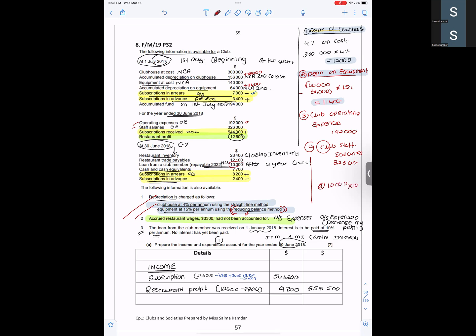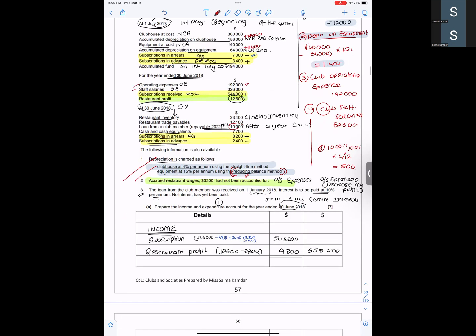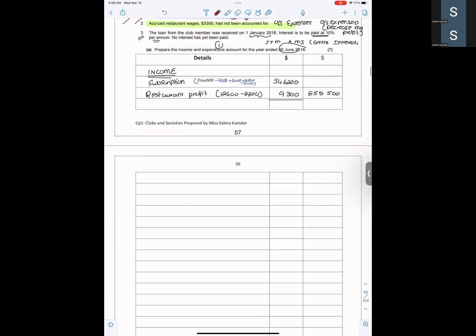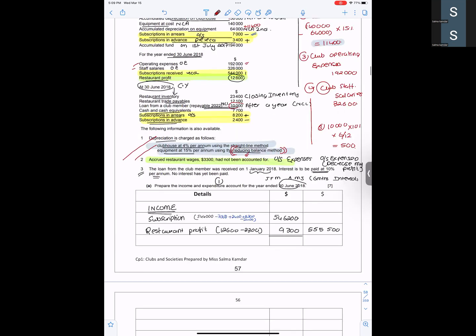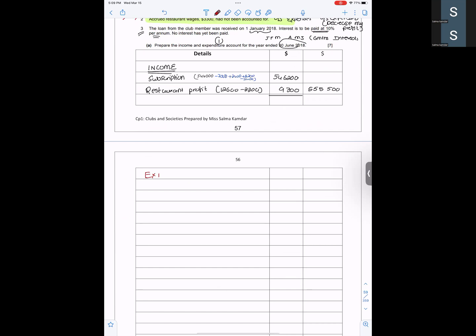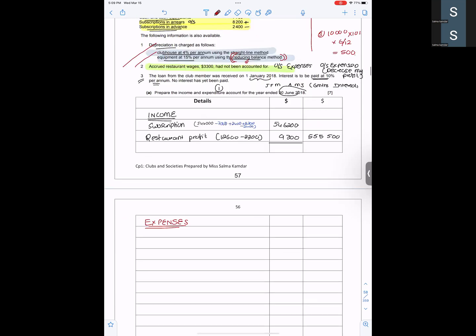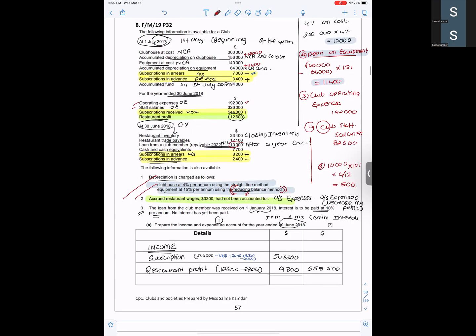Interest is paid at 10% for 6 months. So loan interest is 500. So this is how I have my 5 expenses. So I will record my 5 expenses.